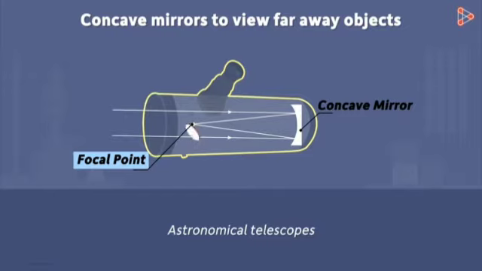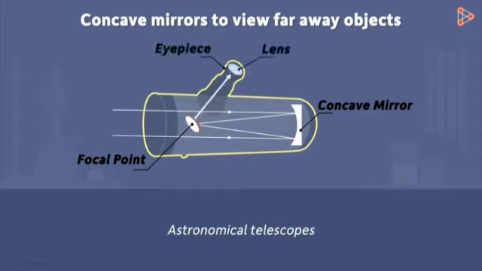So the image of the star is formed at this place. The secondary mirror is kept like this so that it reflects the light upward towards the eyepiece. The eyepiece has a lens which then magnifies the image. This way we are able to see the enlarged image of faraway objects.